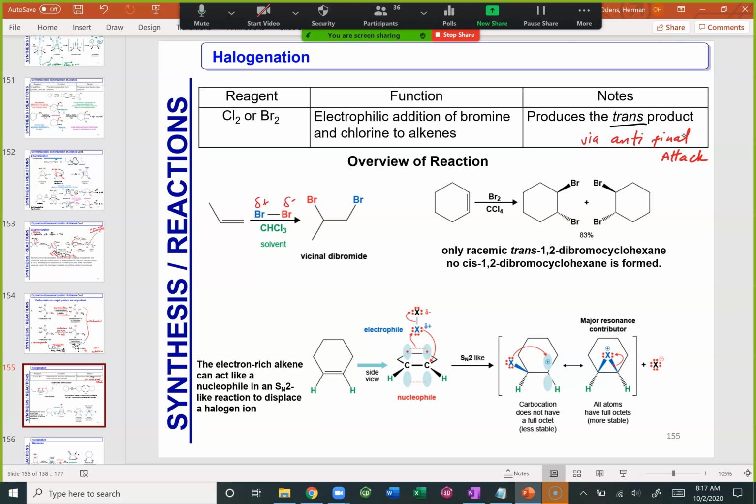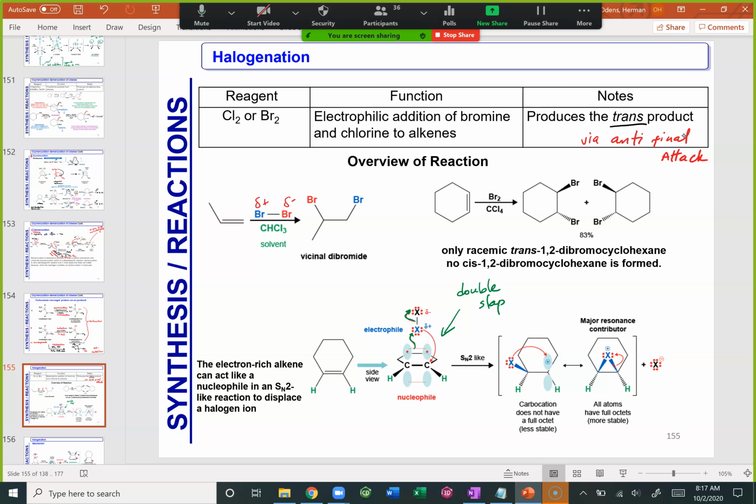Both of the first steps are the same. This will produce the double slap mechanisms. Here's your double slap. The double bond attacks the halogen, this one here. Then it kicks off the other halogen.